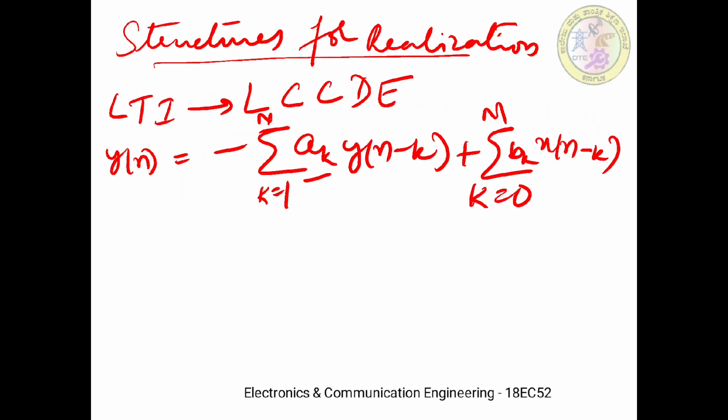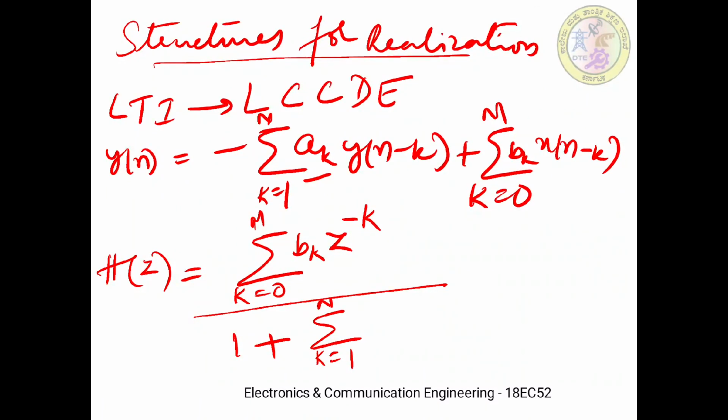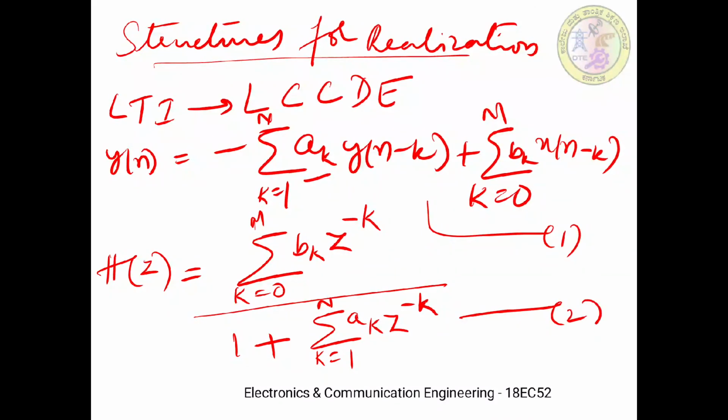Now, using the z transform, the above equation is represented as a rational system function like this: H of z is equal to summation from k equal to 0 to M of bk into z to the power of minus k, divided by 1 plus summation from k equal to 1 to N of ak into z to the power of minus k. Call this equation 1 and this equation 2.